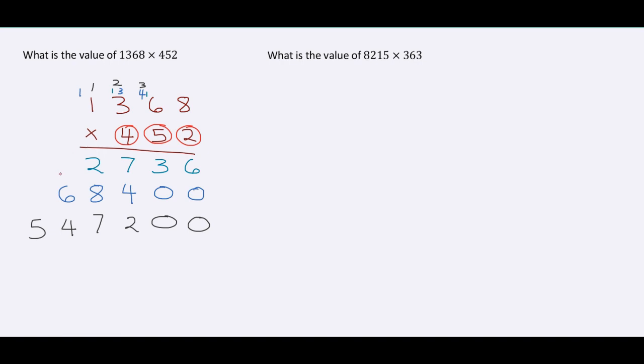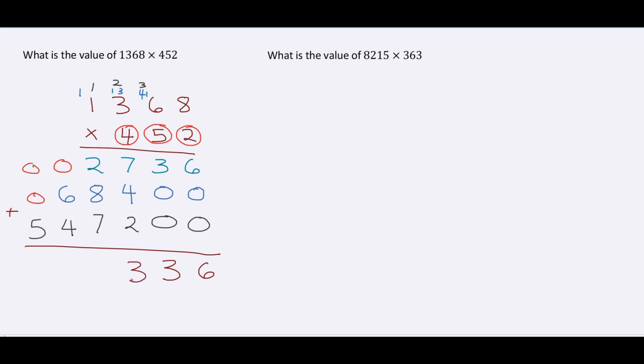Let's do that here. So we have a 0 here, 0, 0, and then we can add the numbers together. 6 plus 0 plus 0 is going to give us 6. 3 plus 0 plus 0, 3. 7 plus 4, 11 plus 2, 13.